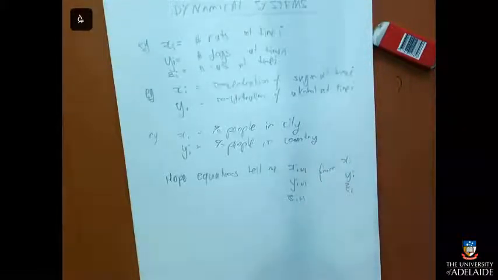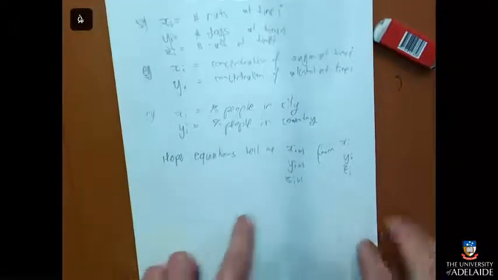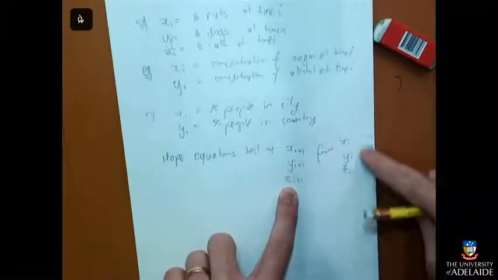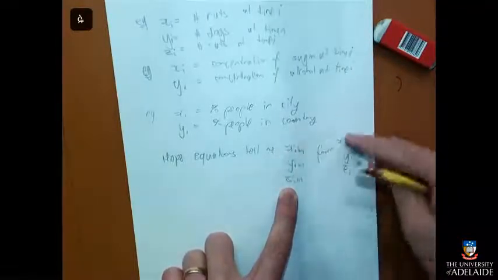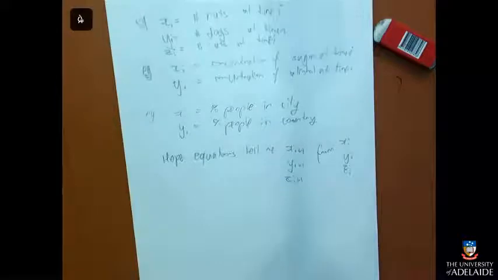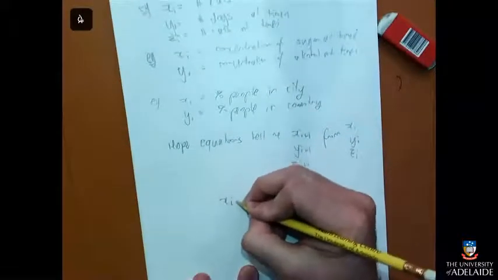And in Maths 1A, the only situations you've been taught how to deal with dynamical systems is if the equations that tell you how to get the next one from the one before can be rewritten in terms of matrices, and that it's possible to do this.